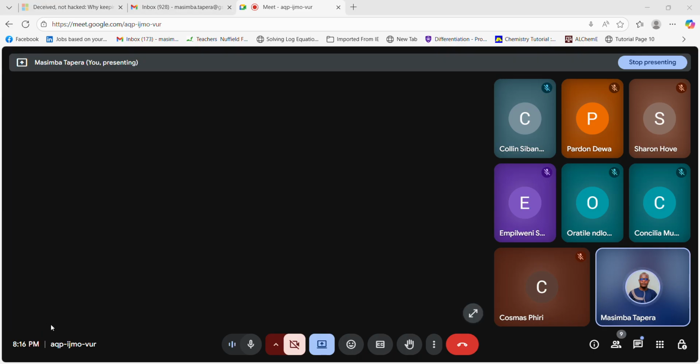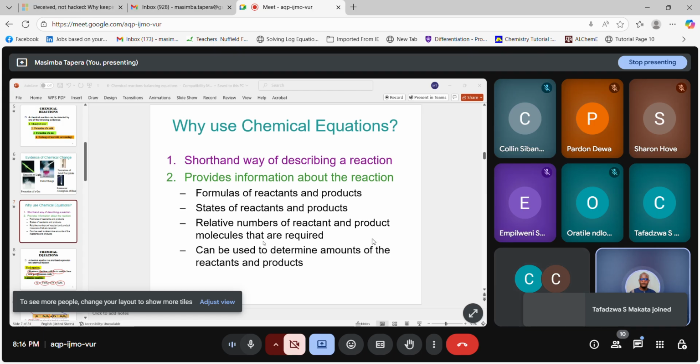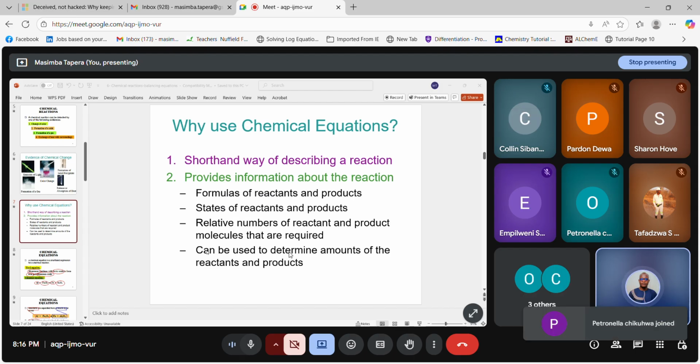Okay, moving on from there, we now move on to why do we use chemical equations. Like I have said in our previous discussion, in our previous assignment, I have given you a question in which you should try to illustrate a chemical change, and I prefer that people should use a chemical equation, but some people found it difficult to explain the aspect of a chemical reaction or the chemical change.